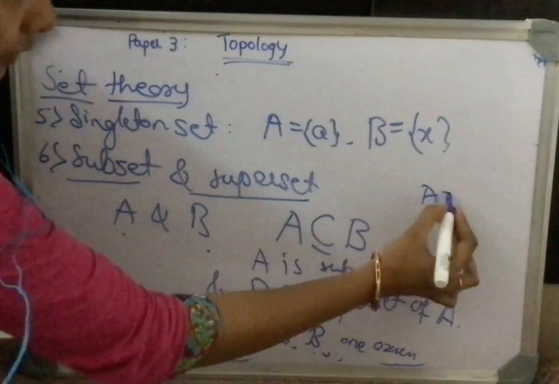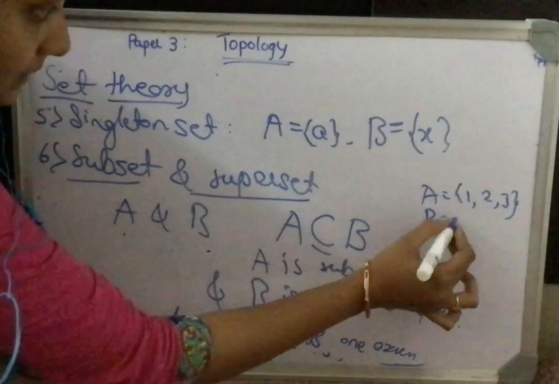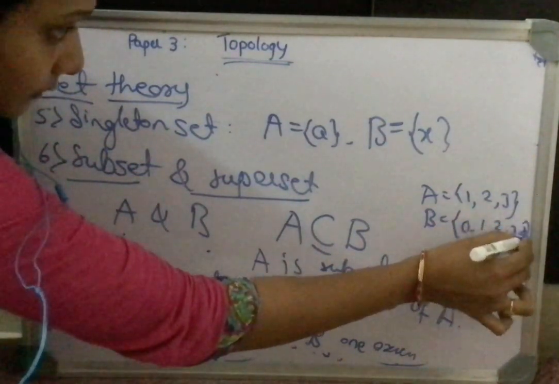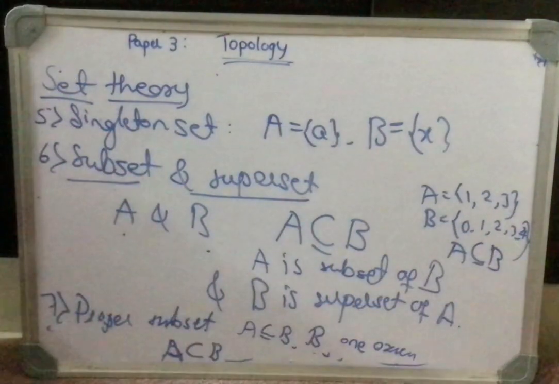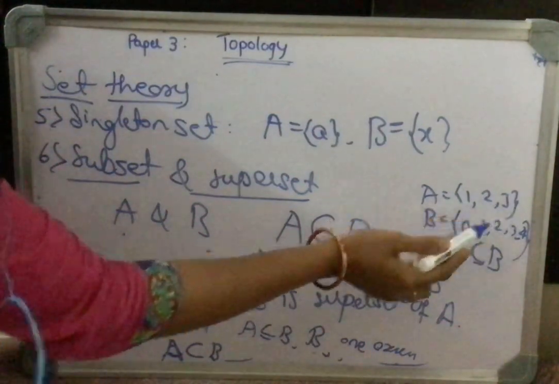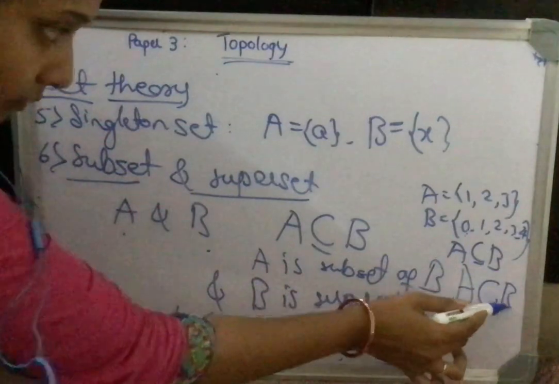If A is equal to {1, 2, 3} and B is {0, 1, 2, 3, 4}, then A is a subset of B. Here B has extra elements, so you can say that A is a proper subset of B.